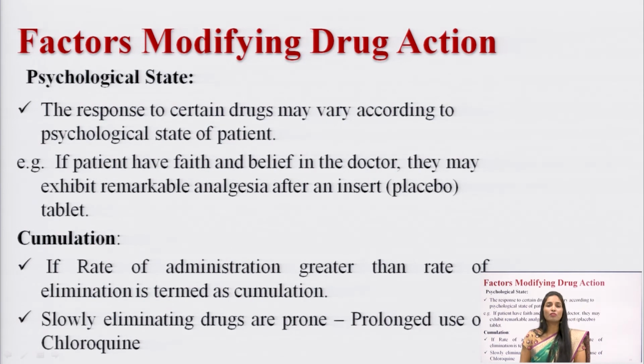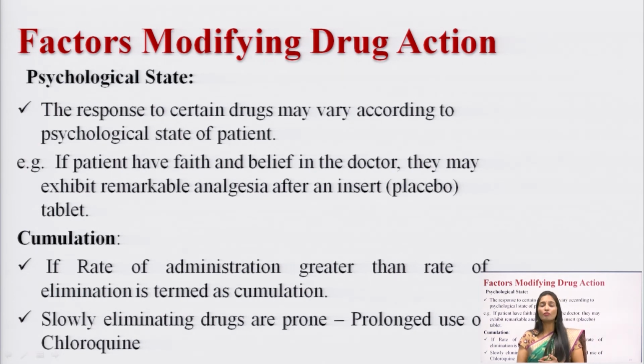And the next factor was the physiological state. Definitely the physiological state plays an important role in modifying the drug action. Here the particular patient does not have any problem, but still what happens depends on whether the patient has faith or belief in the doctor's drug. The doctor knows that the person does not have any problem, but he needs a drug.